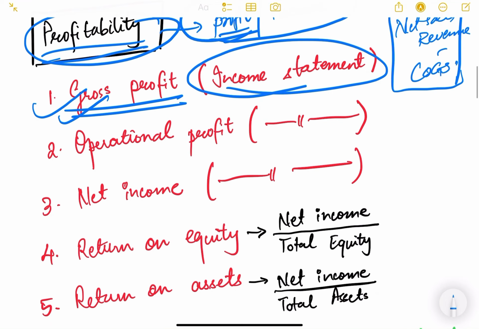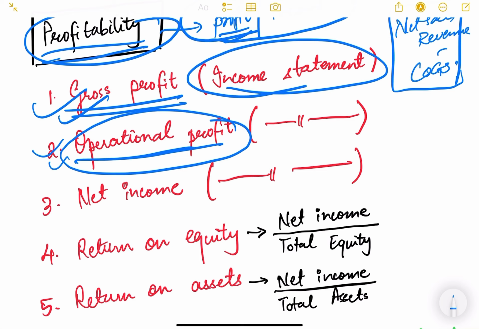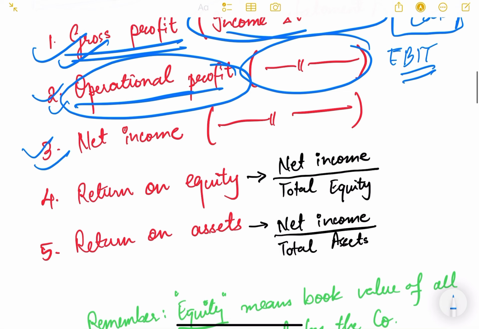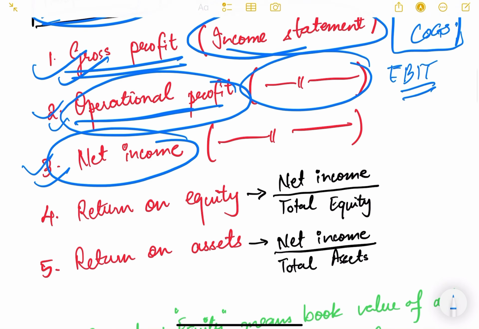On another level, if we go further, then we also look at the operational profit. We again know the meaning of operational profit, right? It is the EBIT basically. EBIT is your operational profit. Again, you obtain this from the income statement directly. Then the third indicator of profit is your net income. See, you are just narrowing down. If this is the gross profit, then your operational profit will be this.